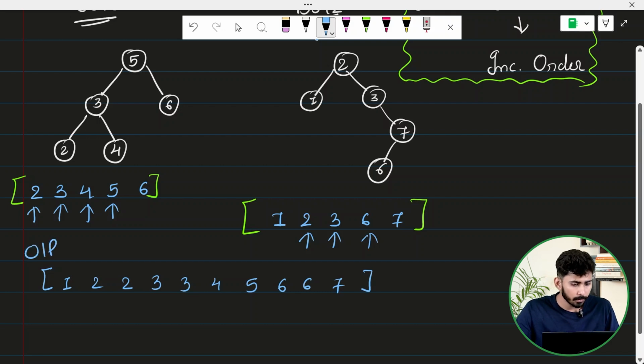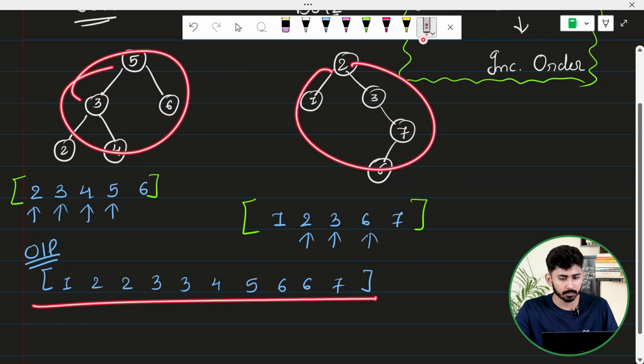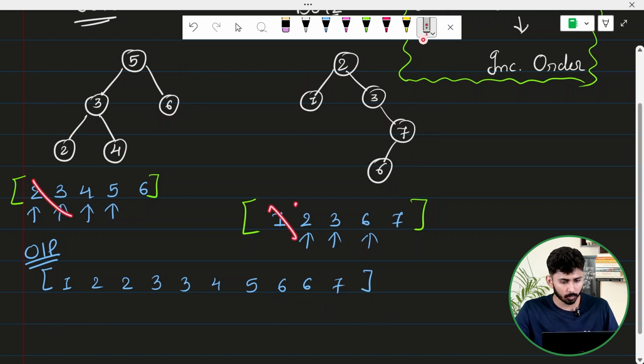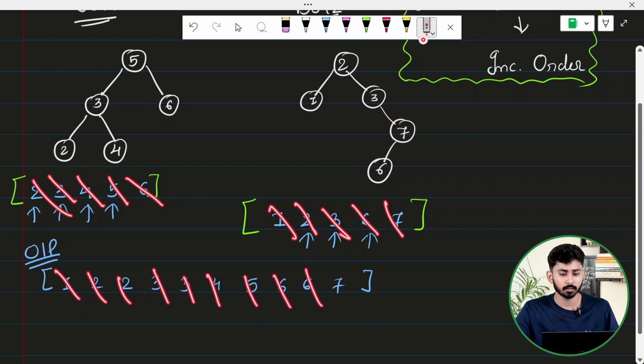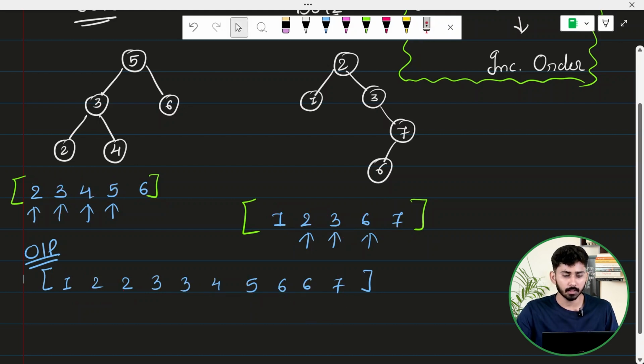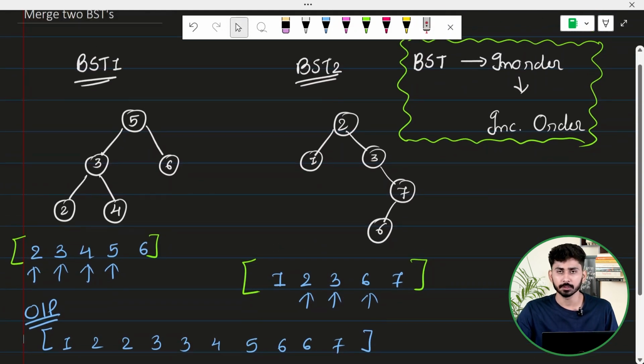So this should be the output, and it contains the list of elements from BST1 and BST2 in sorted manner. So 1, 2, 2, 3, 3, 4, 5, 6, 6, and 7. This is the output for the given binary search trees.